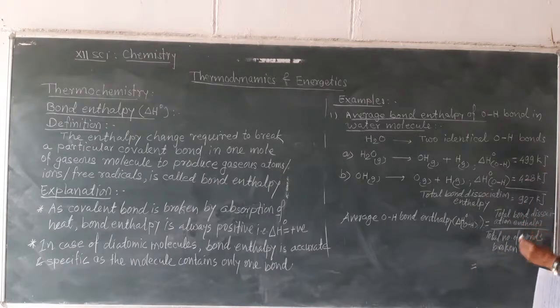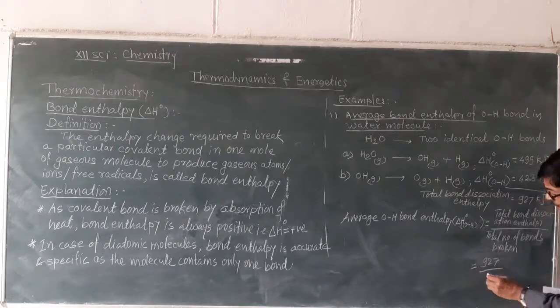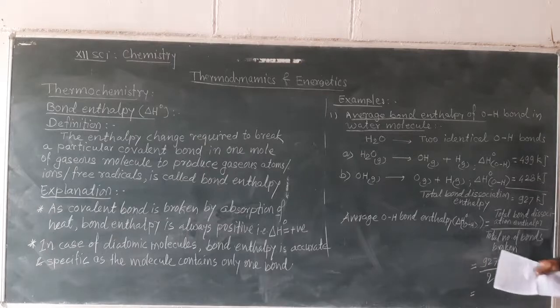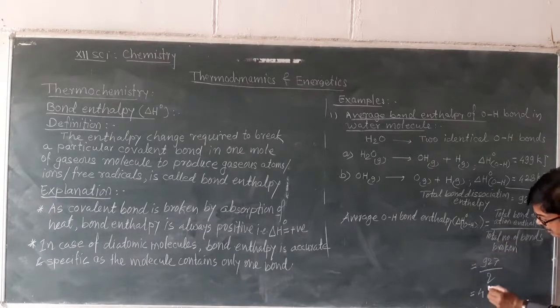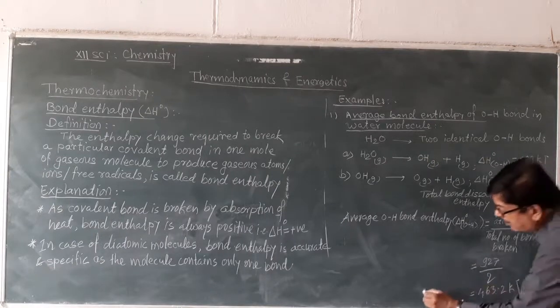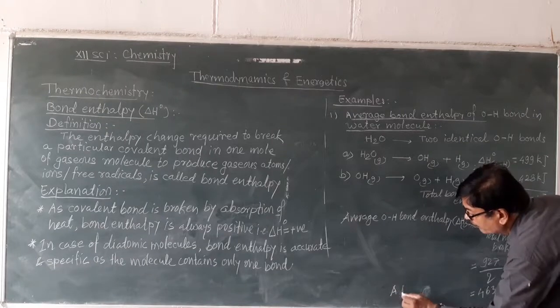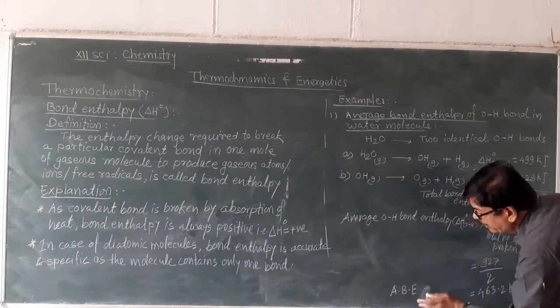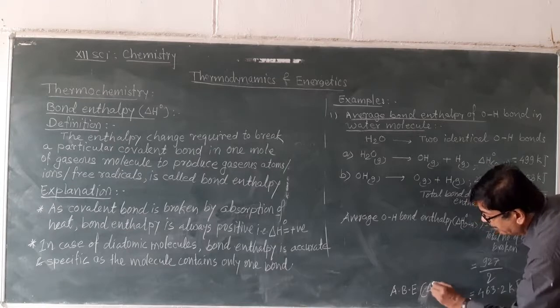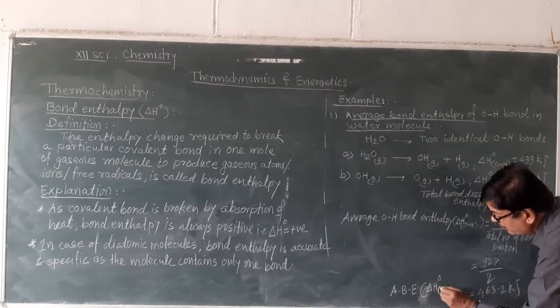Total bond dissociation energy is 927 kilojoule divided by two, as two bonds are broken, and if you calculate this ratio you will get 463.2 kilojoule. This is the average bond enthalpy, ABE delta H naught OH.